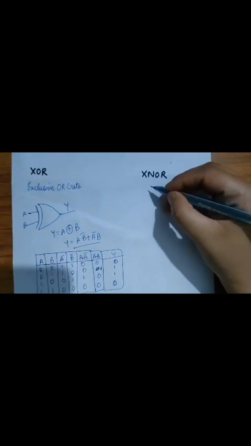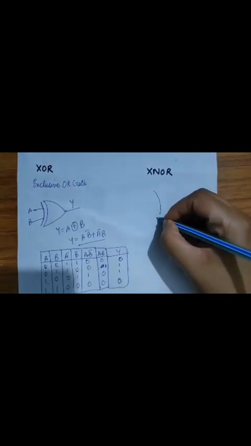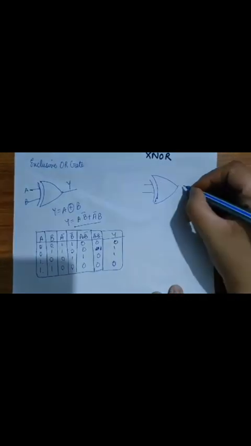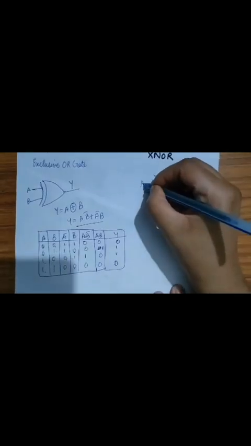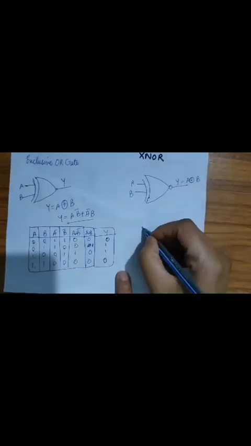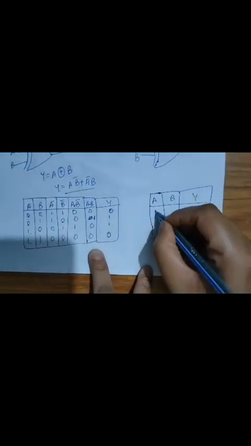And now the XNOR gate, the inverted XOR gate. So we have to draw a similar drawing as the XOR gate and then put a circle in front of it. It's A, B, Y, and the symbol for XNOR gate is A dot in a circle and B. The truth table: A B Y, 0 0 1 1, 0 1 0 1.